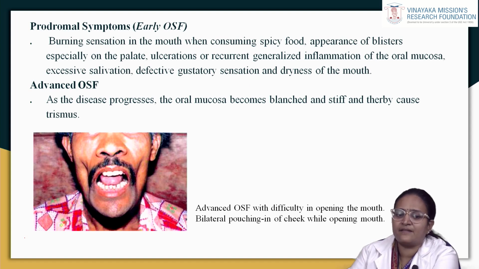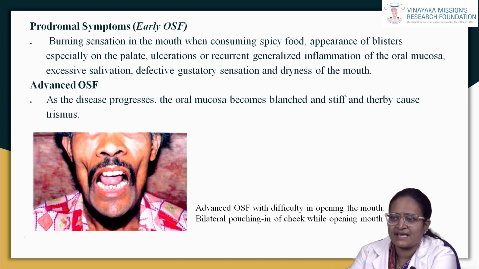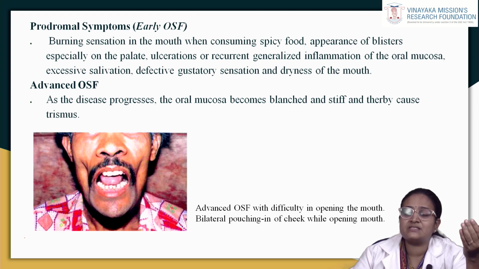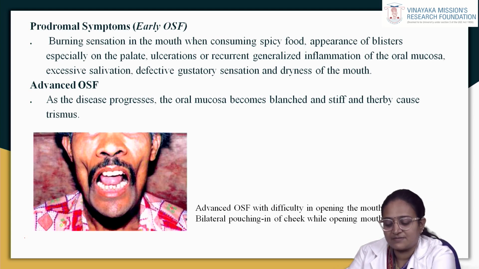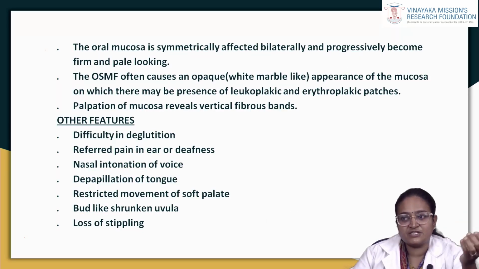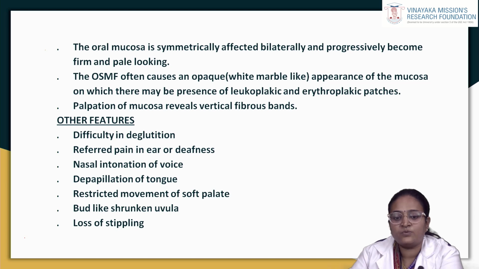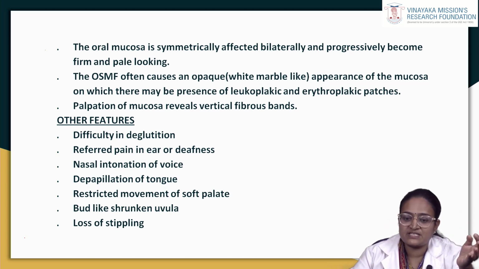In most advanced cases, as the disease progresses, the oral mucosa becomes blanched and stiff, and the patient develops trismus. These are the other features you encounter in oral submucous fibrosis patients.